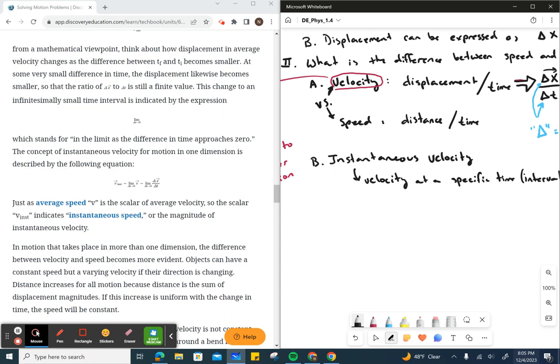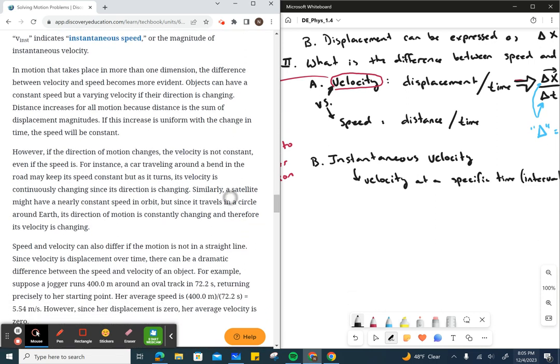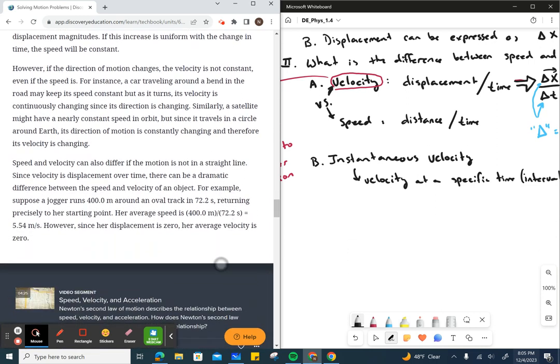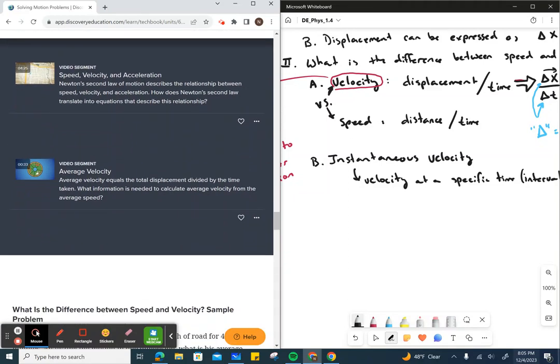As time approaches zero, where the change is the smallest amount of change, that's going to be your instantaneous time. Okay, so they just kind of go into detail and read on that. But if you have the mind to read that, certainly go ahead and do that. Okay, and the videos are probably going to be very helpful in doing that as well.